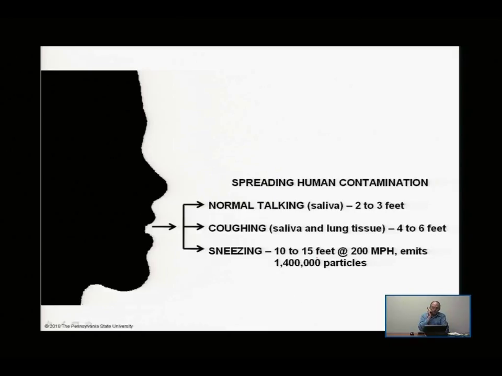So talking about respiration, we take a look at this way that humans not only generate particles by respiration, but actually propagate those particles around in an environment. So for example, if one is talking normally, such as I'm doing right now, saliva can be projected out 2 to 3 feet.